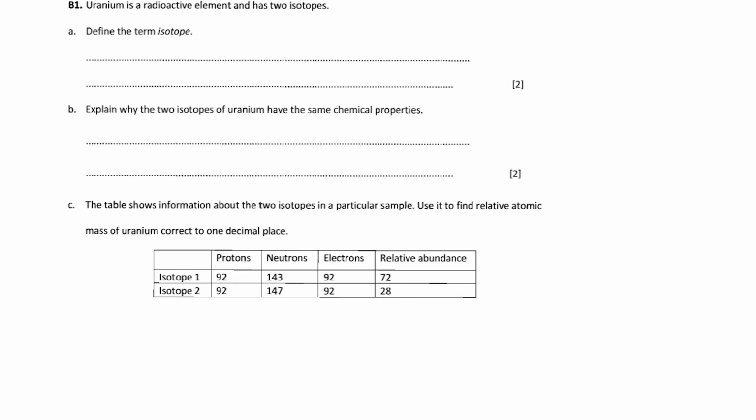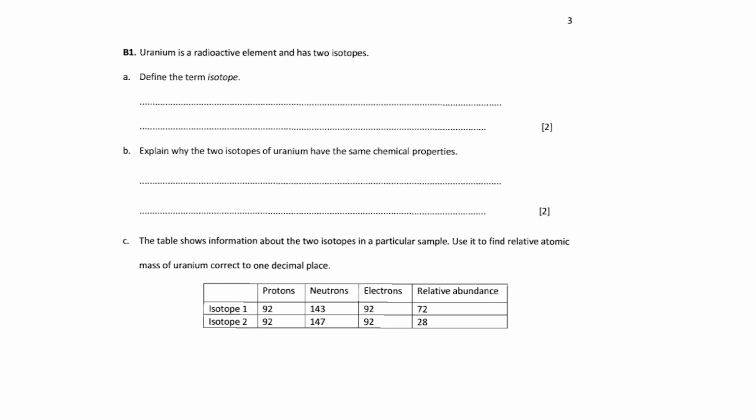All right, uranium is a radioactive element and has 2 isotopes. Define the term isotope. Now, there are many ways you can define isotope. The two popular ones are that first we say atoms of the same element with different atomic mass.